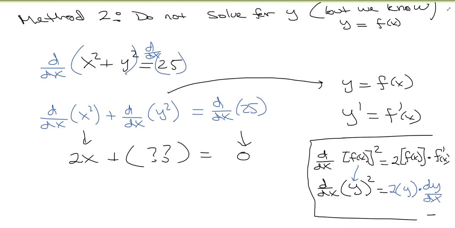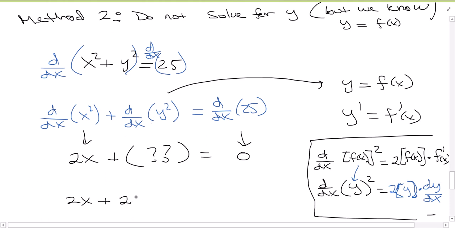I know this is a little different. Let me try to keep those as brackets to be consistent there. So I have 2y times dy/dx. So that's what's going to go in here. So then this is really 2x plus the derivative of y squared, which is 2y times dy/dx because of the chain rule, equals 0.